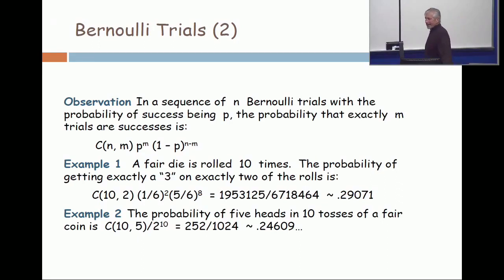So if you want to get exactly 5 heads in 10 tosses, the probability is C(10, 5), which is 252, over 2 to the 10, which is 1,024, and as a decimal, that's about 0.24609. I wouldn't want to calculate any of these completely by hand because the arithmetic can get quite large.